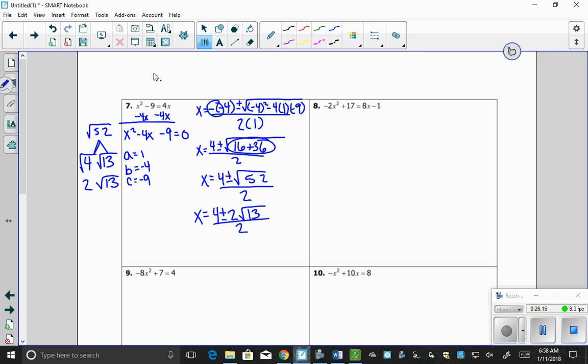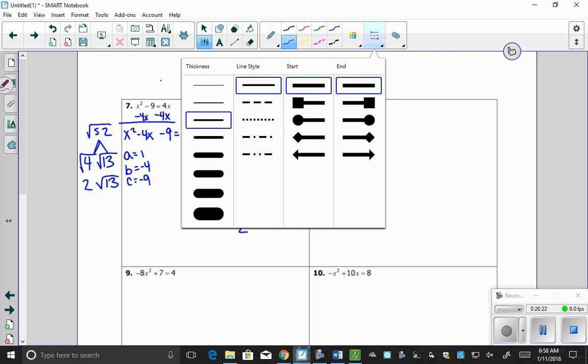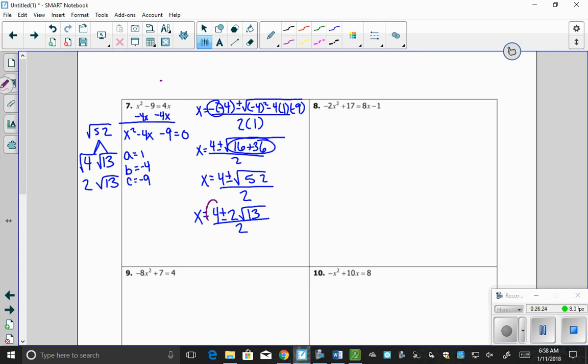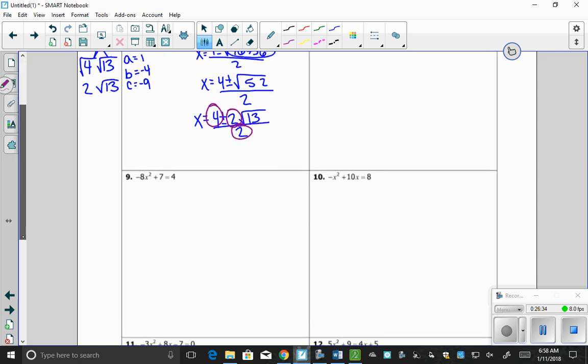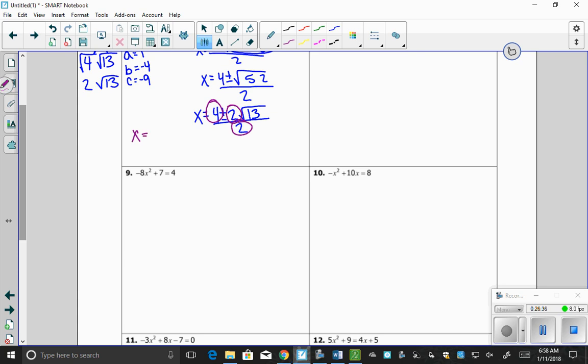This can be simplified again. To simplify this problem, you have to look at these numbers. What will go into both 4, 2, and 2? 2. So that when I do x equals 4 divided by 2 is 2, plus or minus 2 divided by 2 is 1.